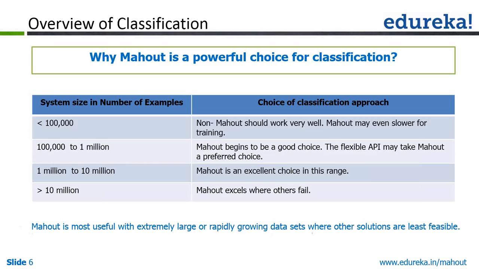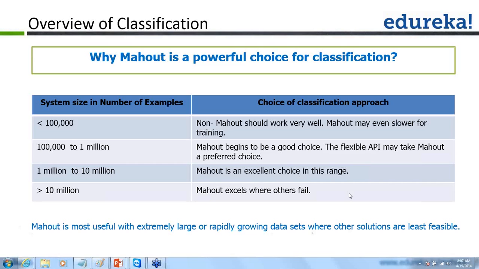And if your data size is greater than 10 million, then Mahout really achieves the things which other systems cannot achieve. It really excels over the others. And if you see the performance graph, its performance increases exponentially if the data size is greater than 10 million. That's why Mahout is a popular choice for classification.